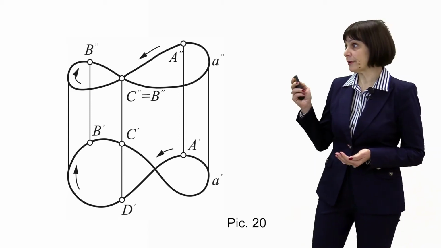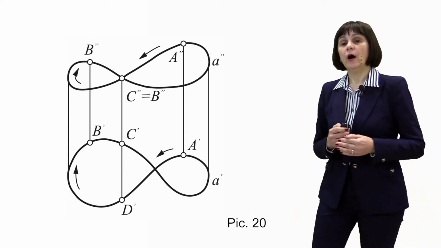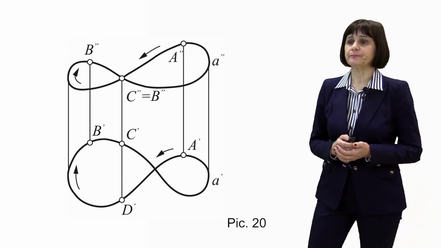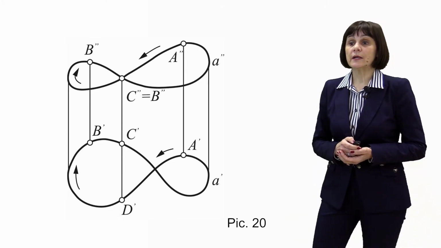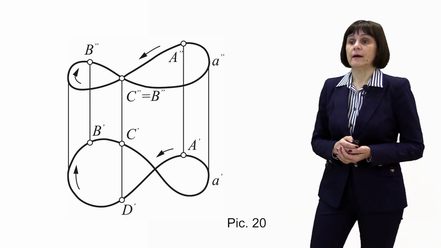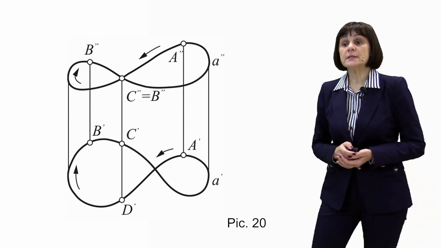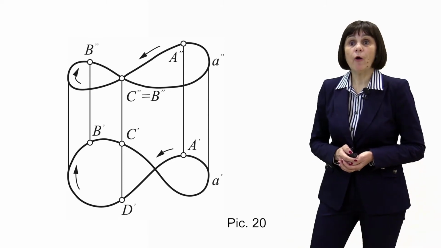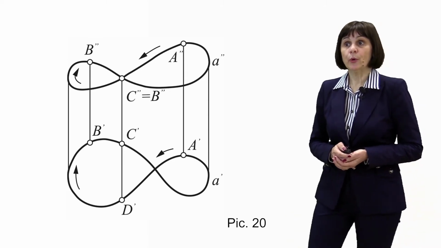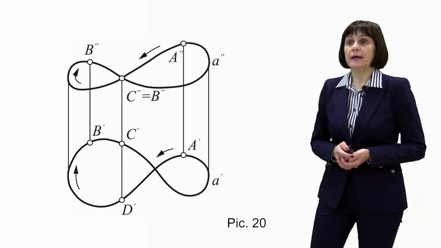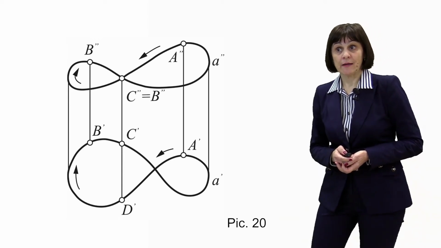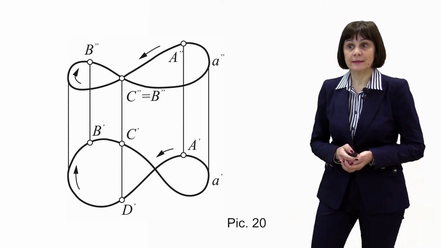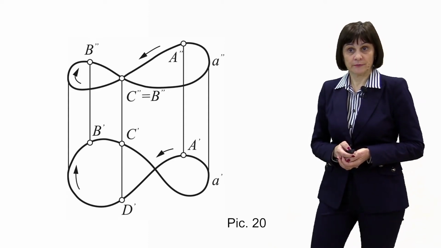We have two projections of the curve, on the horizontal plane and on the frontal plane. To construct the curve projections, it is necessary to construct projections of a number of points belonging to the curve and connect them together in the same sequence in which they were located on the original.